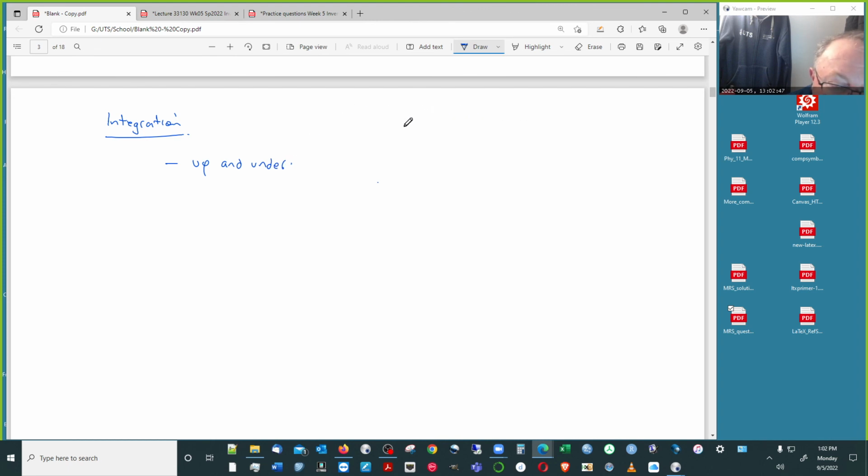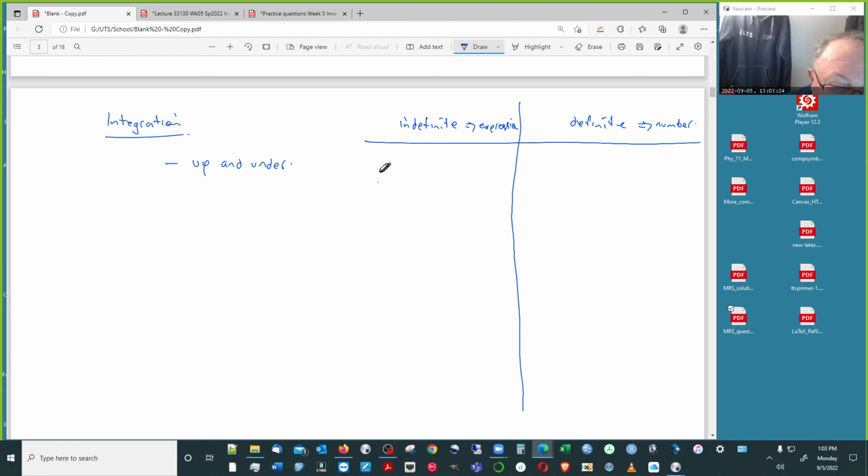I've been doing other types. Now the difference between the two is that one of them gives you an expression and one of them gives you a number, which really should be considered an area. So an example of an upper and under.